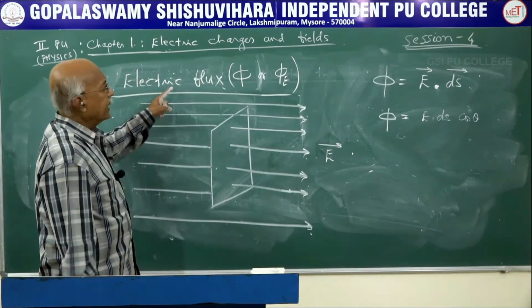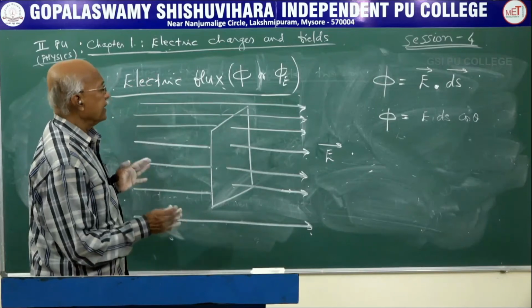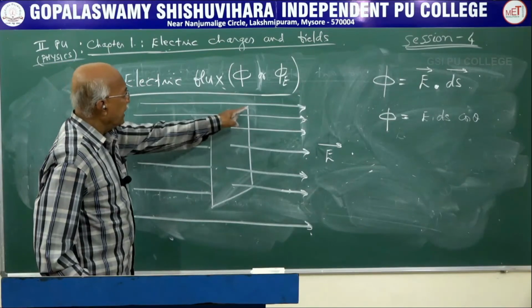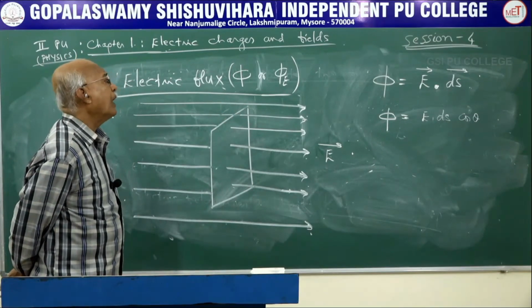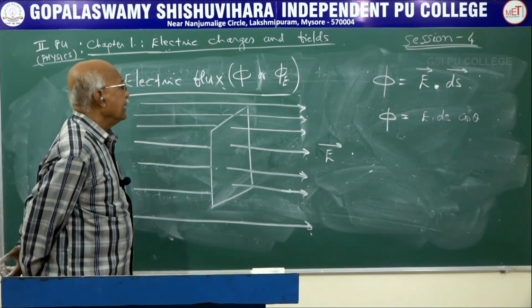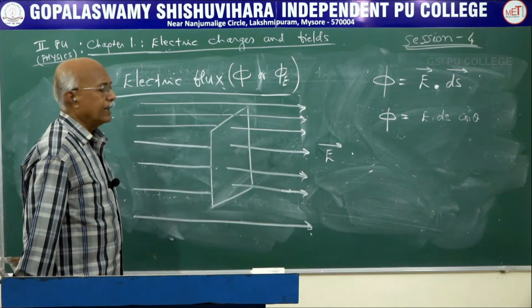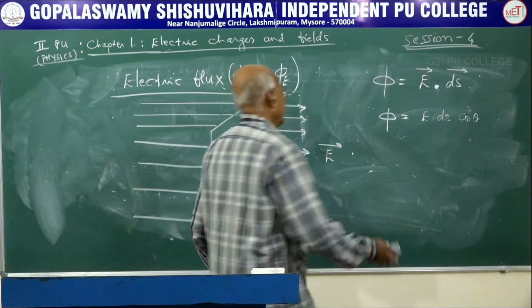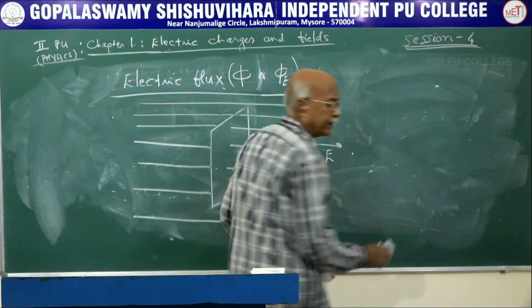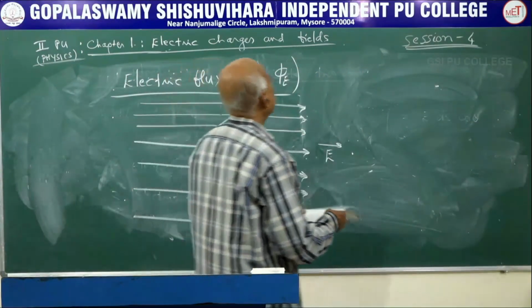Now, what is electric flux? Electric flux is the amount of electric field available in this particular area of reference. The amount of electric field available in the given area is called the electric flux. Now, how is electric flux defined?